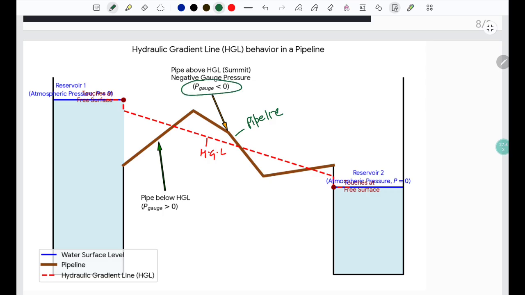Whereas when the pipeline is below the hydraulic gradient line, we have positive pressure. And at the free surface of the reservoirs, we can see the hydraulic gradient line is intersecting the water surface.